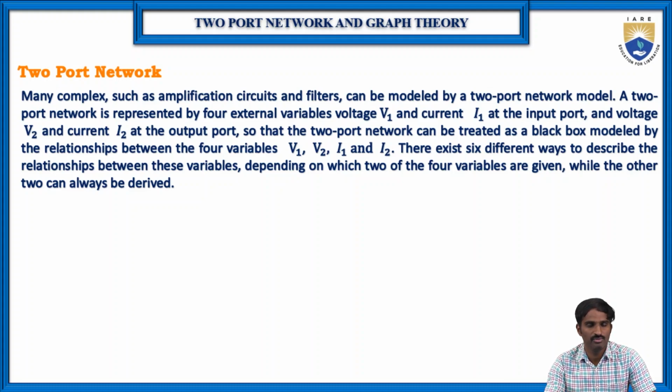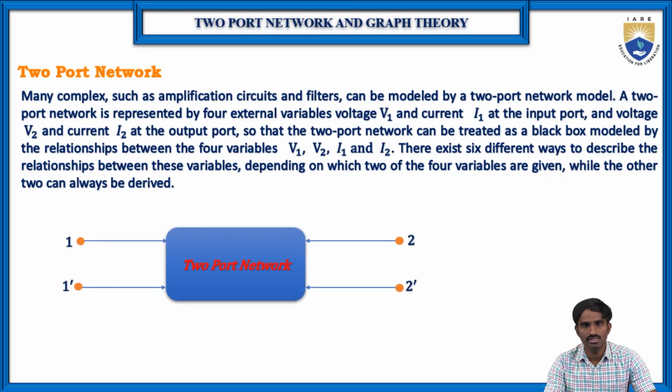The input variables we consider as V1 and I1, and the output variables as V2 and I2. There are various ways to relate these variables by using the two-port network parameters.